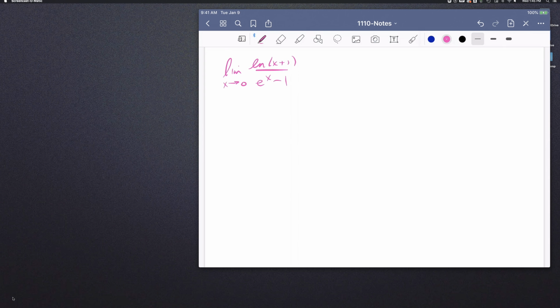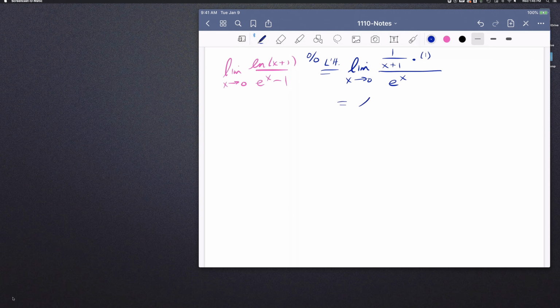We recognize that this is a 0 over 0 indeterminate form, so we try L'Hopital's rule and compute the derivative of the top function, which is 1 over x plus 1 multiplied by the derivative of x plus 1, which is just 1, and then divided by the derivative of the bottom function, which is just e to the x.